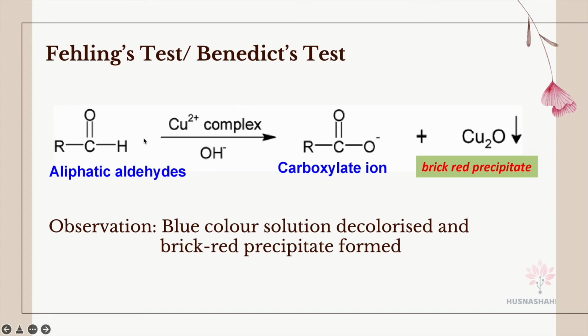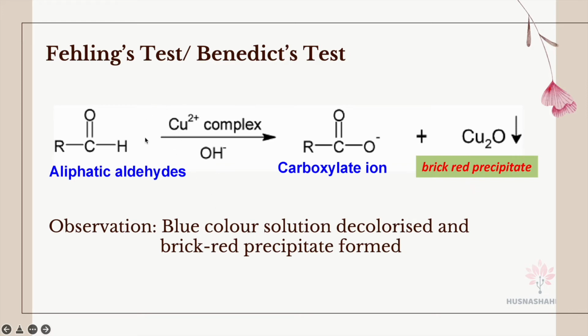If aliphatic aldehyde is present and reacts with copper(II) complex in basic solution, the product will be carboxylate ion, same as the silver mirror test. The side product is Cu2O. This is a brick red precipitate, with the arrow pointing downwards because the precipitate settles down at the bottom of the test tube.